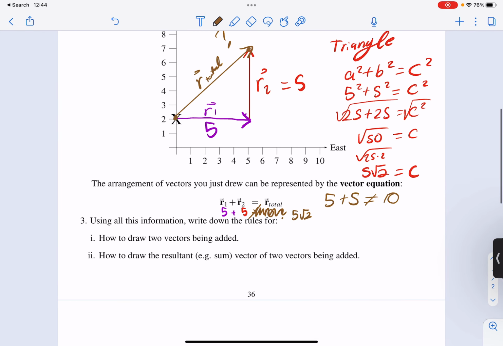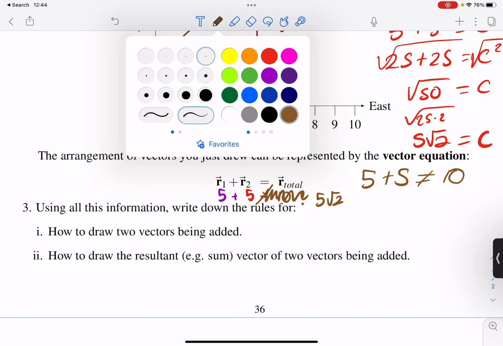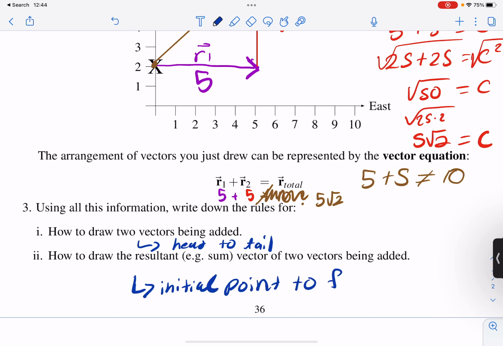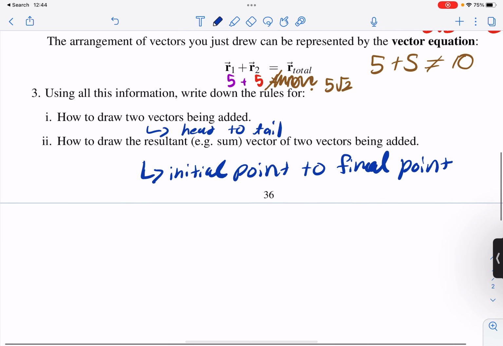Okay? So let's make some rules. How do we always draw vectors being added? From head to tail. And how do you draw the resultant? From initial point to final point. And one last rule.